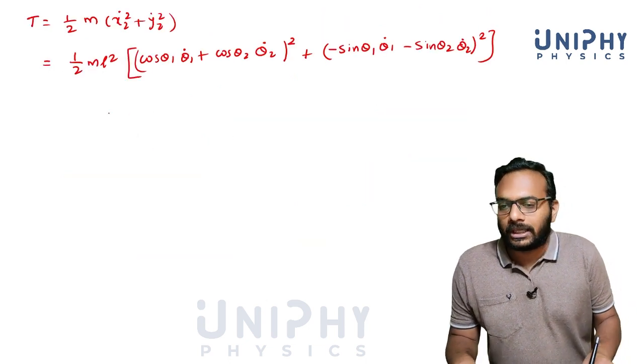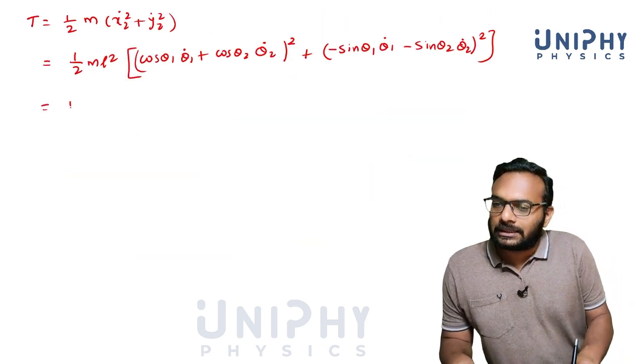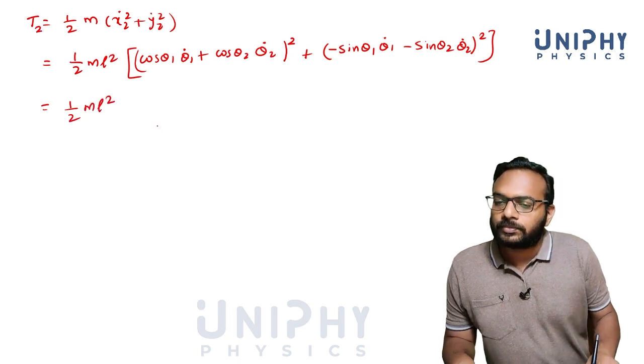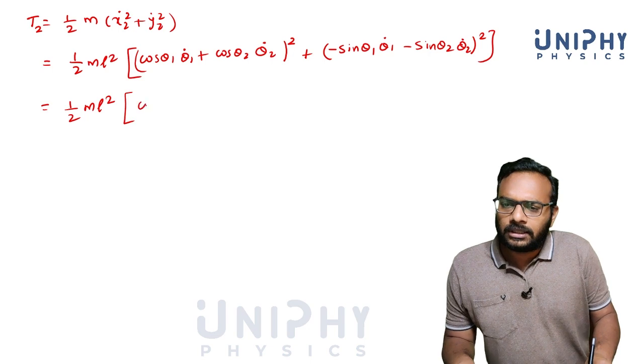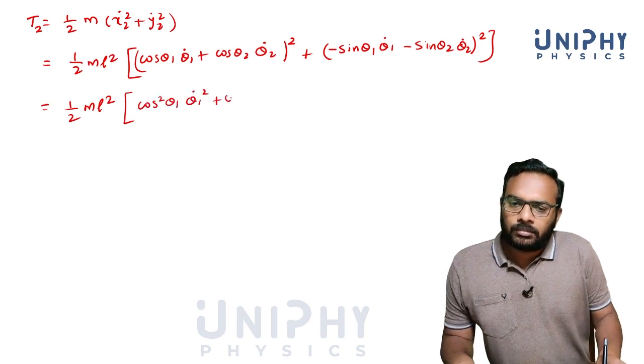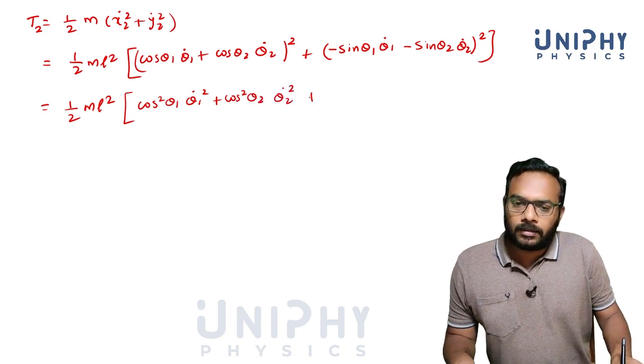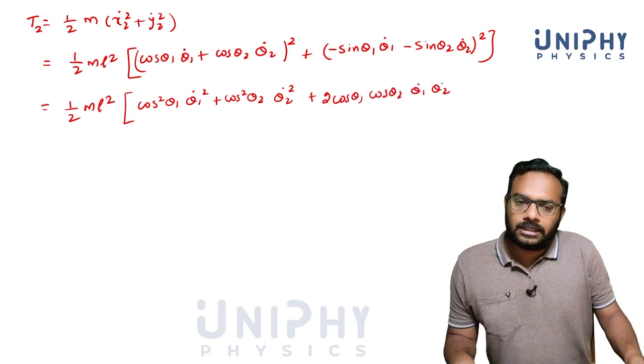Right, now you square and add, so we'll say that this is equal to half ml square. So this is only T2. Half ml square [cos square theta 1 dot square plus cos square theta 2 dot square, plus 2 cos theta 1 cos theta 2 theta 1 dot theta 2 dot].